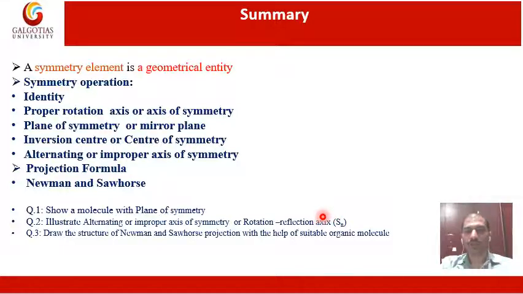Coming to the Newman projection, you also saw the staggered and eclipsed forms. This is a representation in the energy context also, because if the molecule has more stability in some form, it will try to exist more in that form.